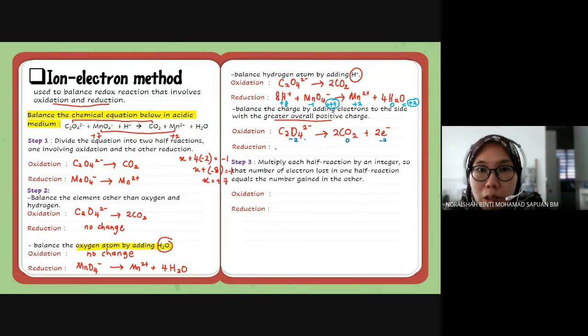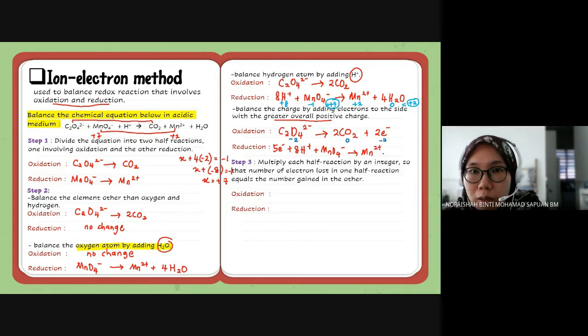So you write here 5 electron plus 8 hydrogen plus MnO4 minus to form Mn 2 plus 4 water.